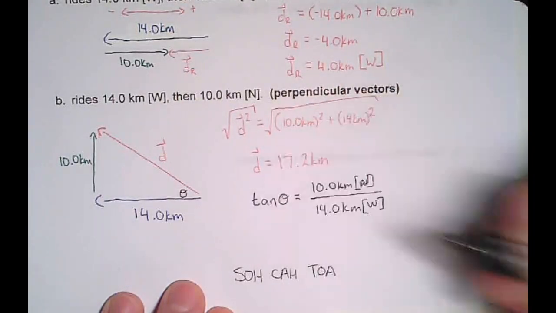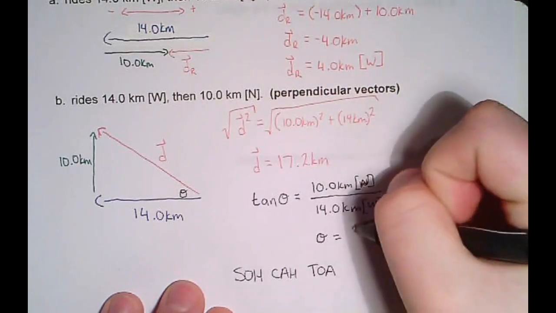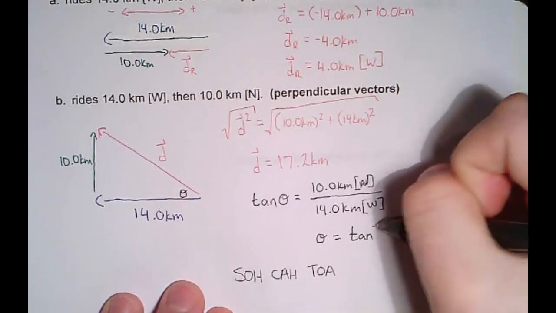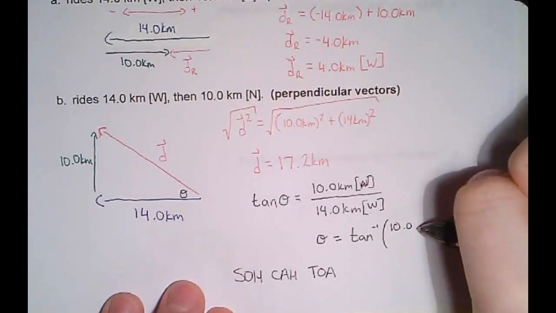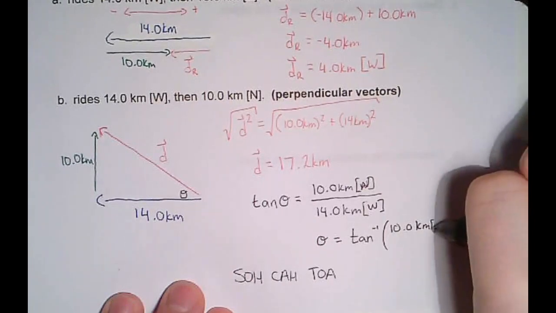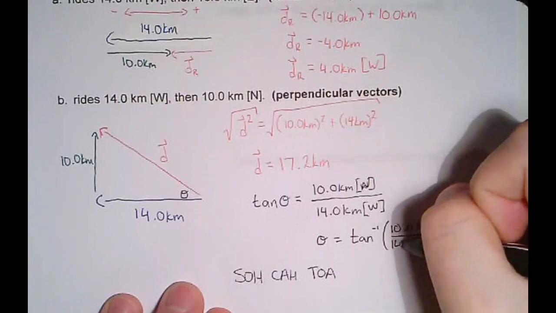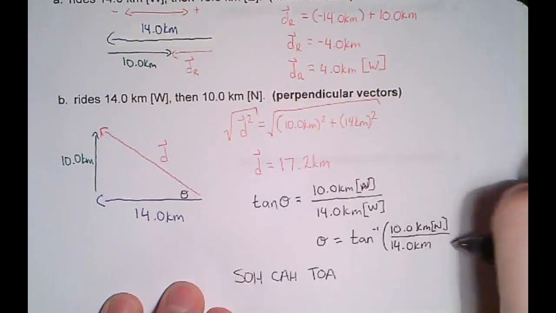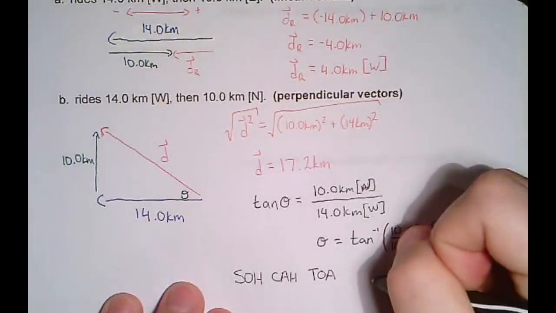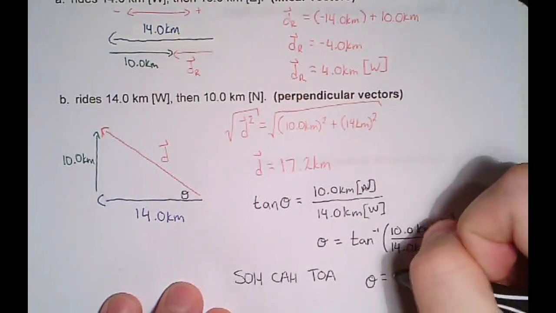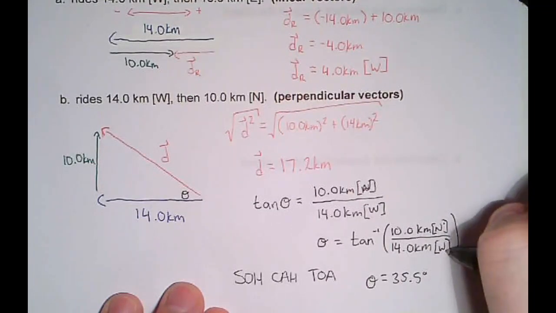When we're solving for theta, we are going to use theta is equal to inverse tan of 10 kilometers north divided by 14 kilometers west, and theta is equal to 35.5 degrees north of west.